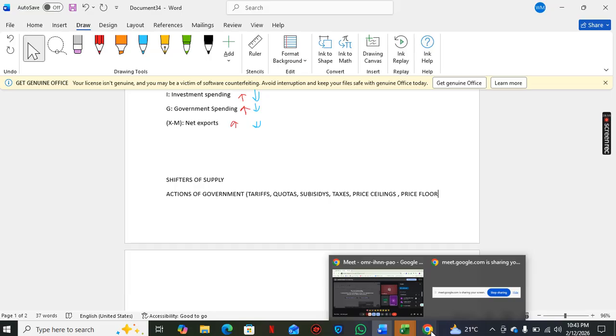Because government has given you a minimum that you can charge, so it means you can charge above that minimum. So if government says we are imposing a price floor on milling, and the price floor is, let's say, 300, it means millers can sell milling now for 300 and above. They can sell it at 600. They won't be penalized.